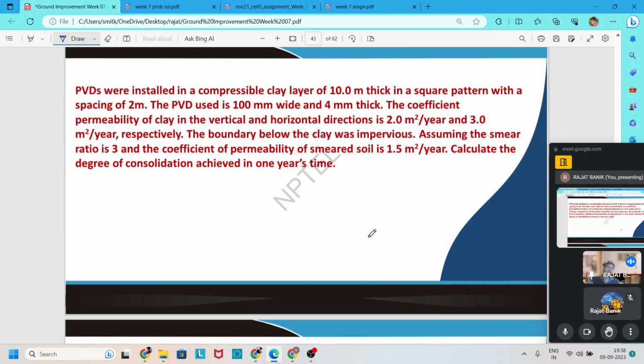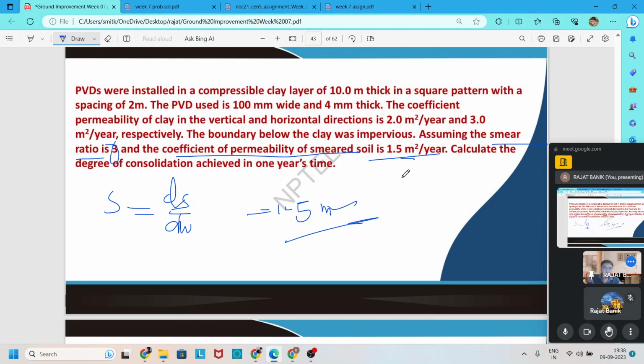Now the same formula is used for the smearing zone, where a smearing zone is present. It is given that for the smearing zone, the smearing ratio, which is nothing but s, equal to ds by dw, is 3, and the coefficient of permeability for the smearing zone is given here as 1.5 meter square per year, whereas previously it was given as 3 meter square per year.